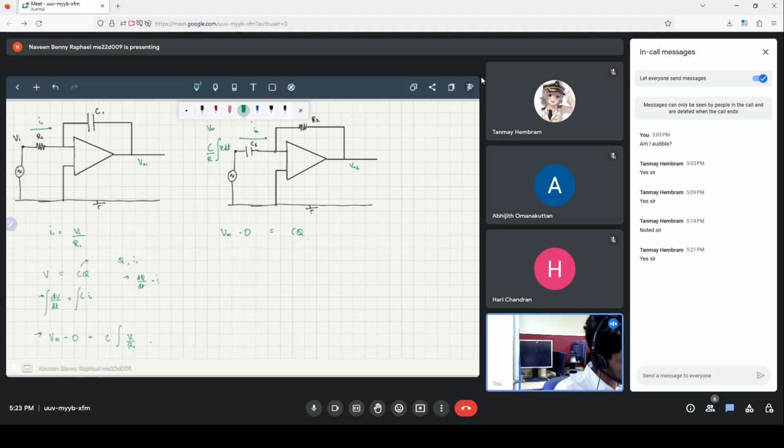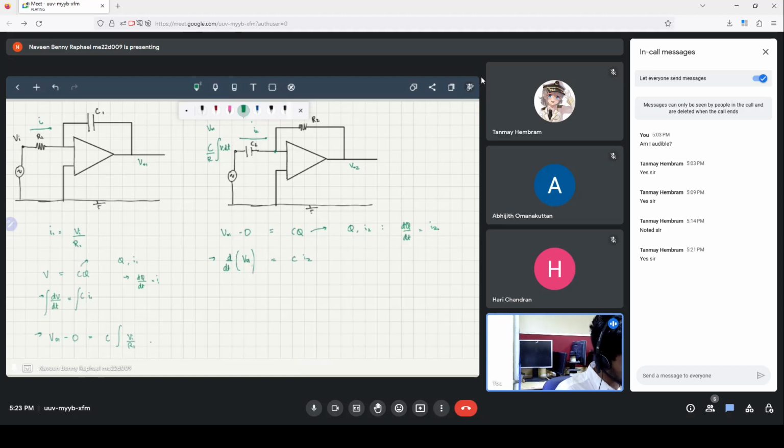We know the relationship between Q and I2: dQ by dt is equal to I2. Therefore, we have to differentiate this equation to get a more reasonable expression. So we get d by dt of V0 is equal to I2 by C.